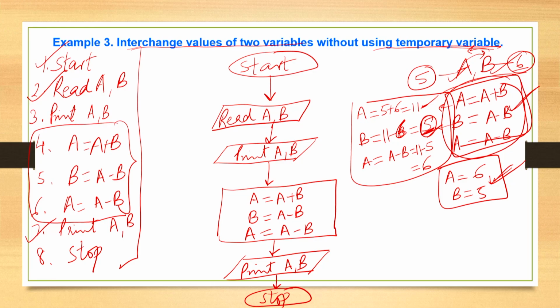So this is the algorithm and flow chart for the interchange, or you can say swapping, of values of two variables without using the temporary variable.